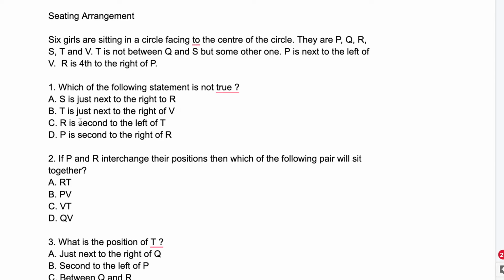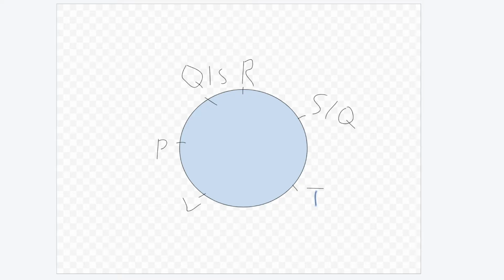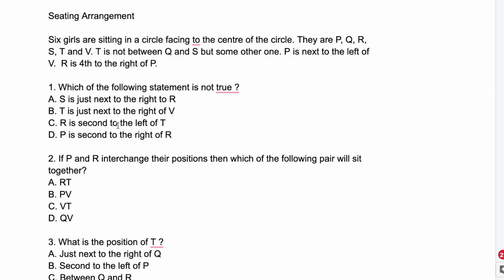Question C. R is second to the left of T. T is right here, and the left of T is this way. So 1, 2. Second to the left of T isn't R, it's P. So we know that this C is not true.